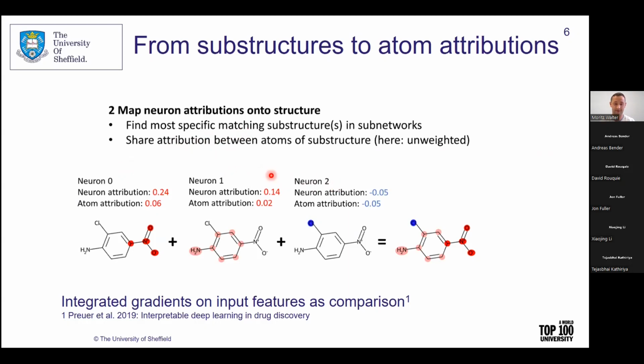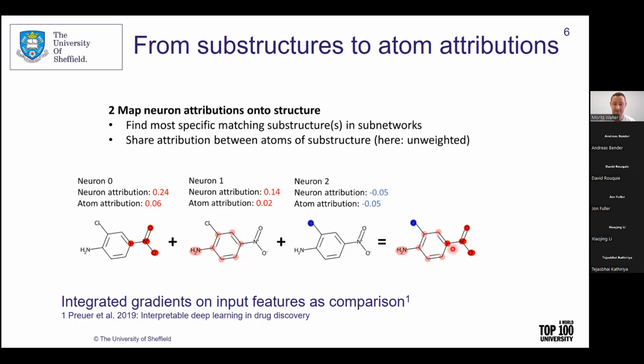So if you look at these 3 neurons we have here, in the first case, we may have found this nitro group, a substructure attached to an aromatic carbon. The total attribution of the neuron was plus 0.24. And we simply divide it by the 4 atoms we have and get an atom attribution of 0.06. In the same way we do it here with this aromatic amine structure. And in the third case, this chlorine atom was identified as a substructure.